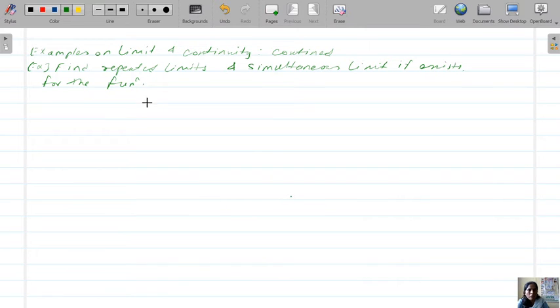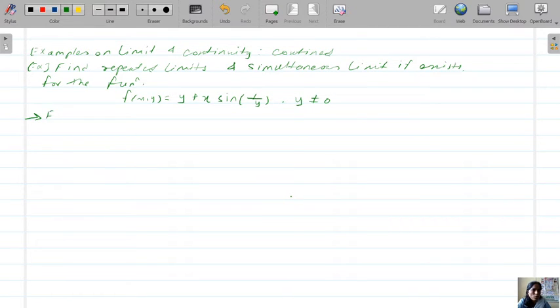The function is given, f of xy is equal to y plus x into sine 1 upon y, provided y is not equal to 0, because if y is 0, your function will not be defined.